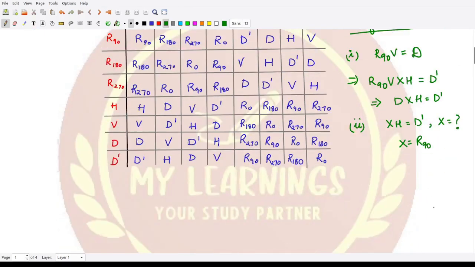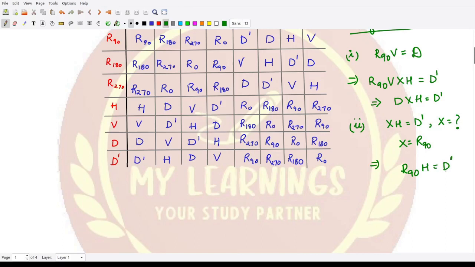So that means, in order to solve this, the information it provides is that we finally have to solve R90 * H, which equals D'.